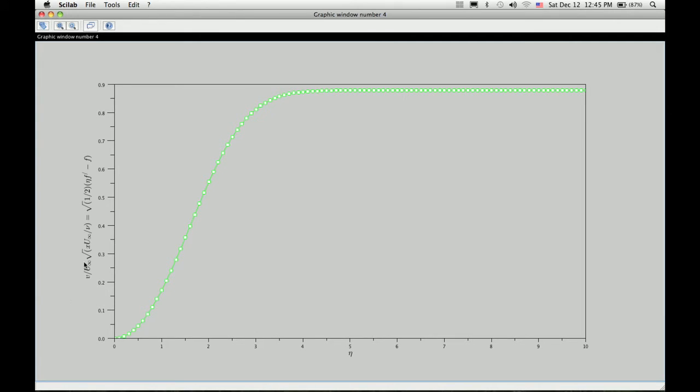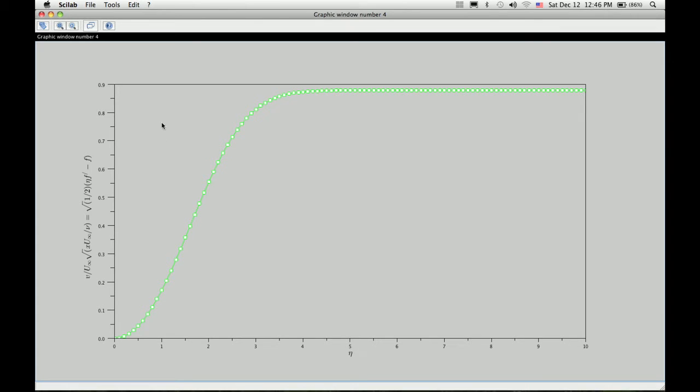So if you look at this one, what we get here is this term, u by u infinity, under root of x u infinity by nu, is equal to half of eta f dash minus f, right. So this is your eta.